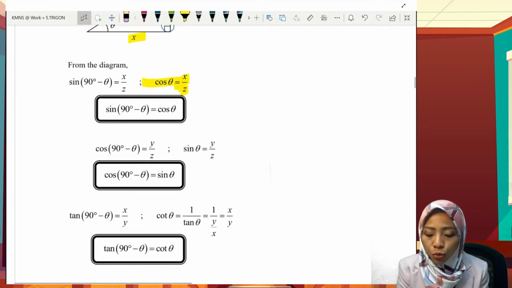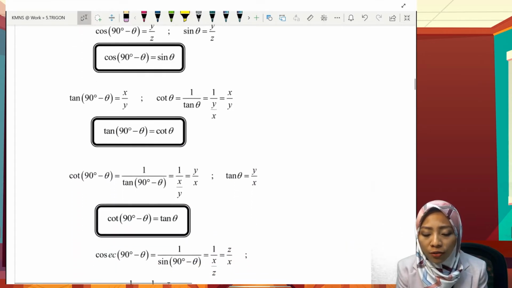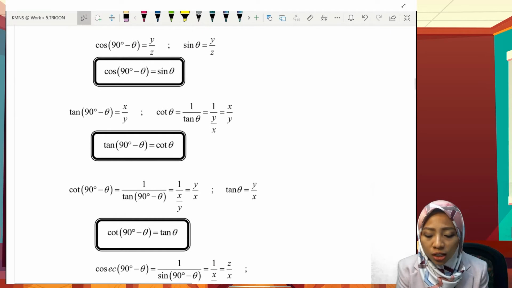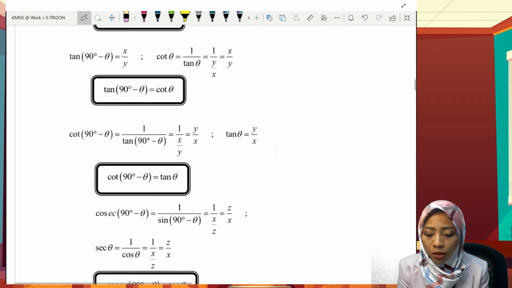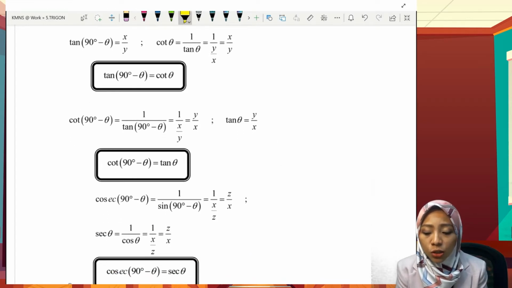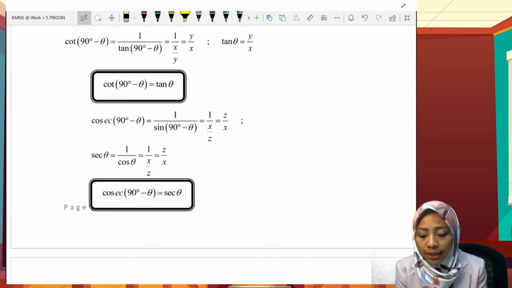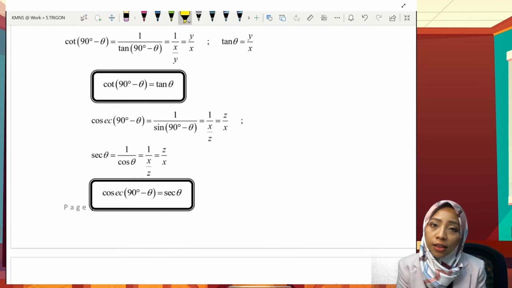The same goes to the proof for other functions, such as tangent is the complementary of cotangent theta, while cotangent theta is the complementary angle for tangent theta, while cosecant theta is the complementary angle for secant theta and the other way around.